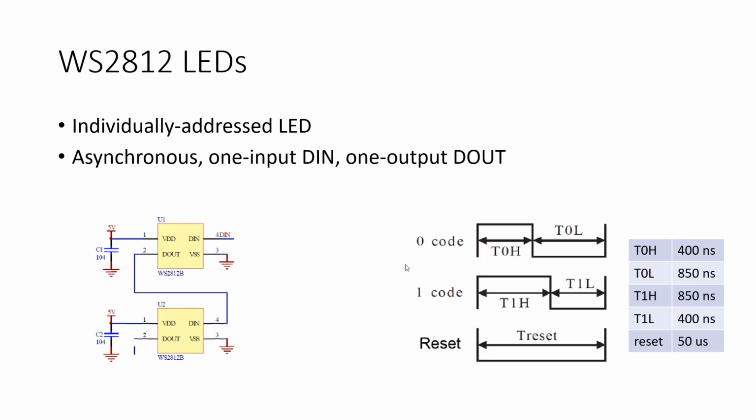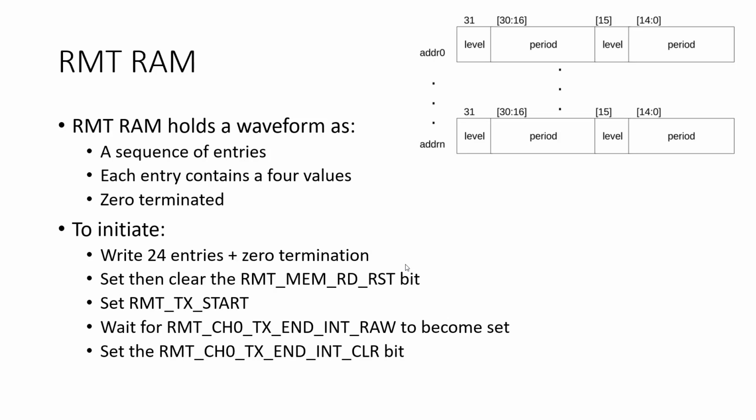Those numbers are put into the RMT RAM. The RMT RAM is just an array, and each element in the array is a level followed by a period in the upper 16 bits, and then another level followed by a period in the lower 16 bits, right?